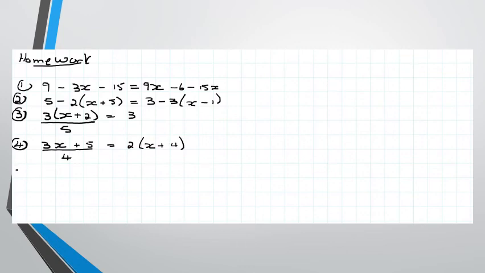Number 5: 2x plus 3 plus 5, and everything there over 3, equals 5x plus 2.